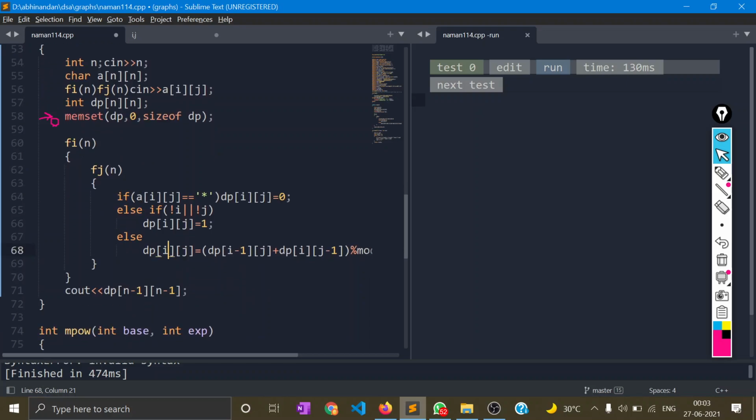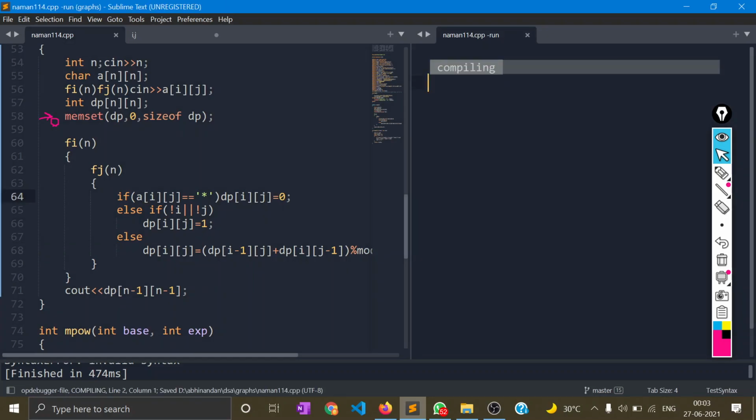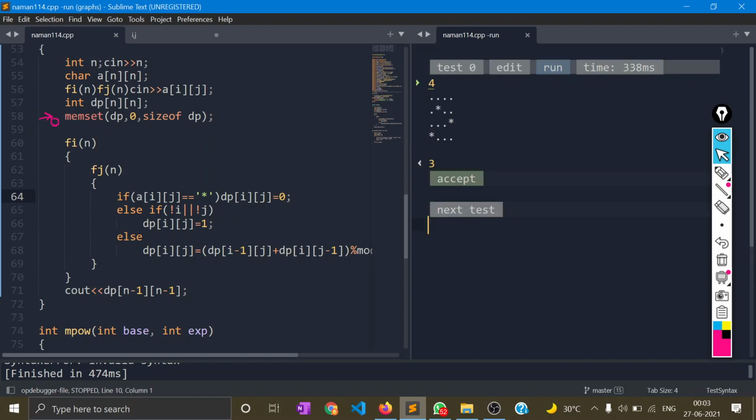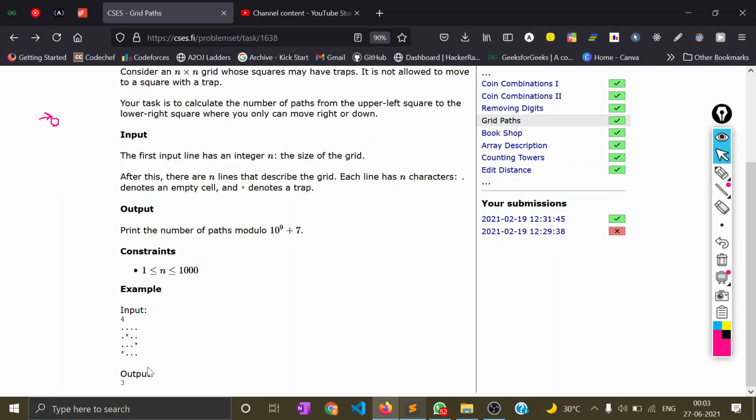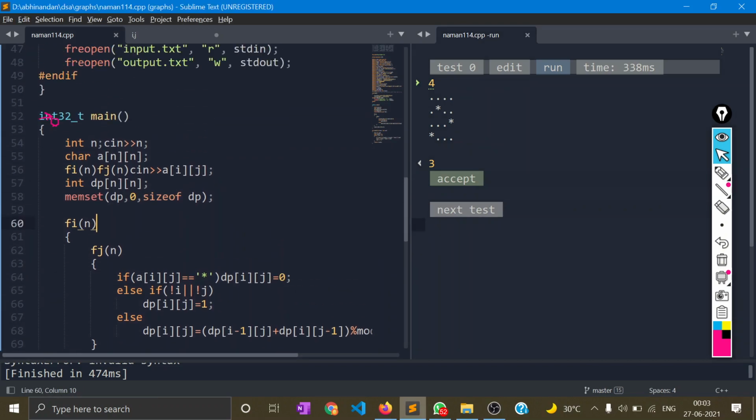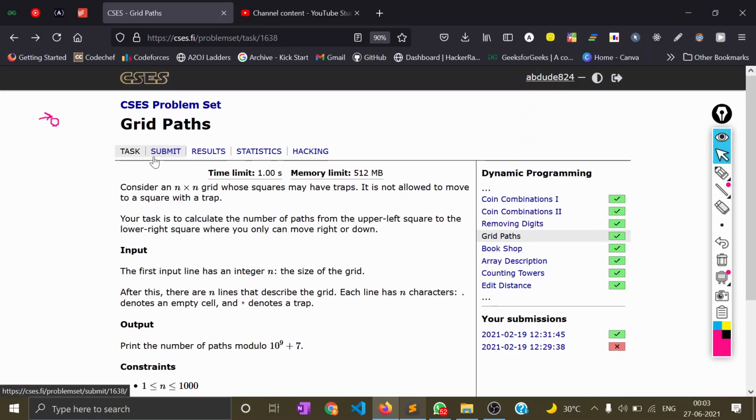I don't think anything else is needed now. Let's see if it works. So, I have three ways. So let's save it and start it.